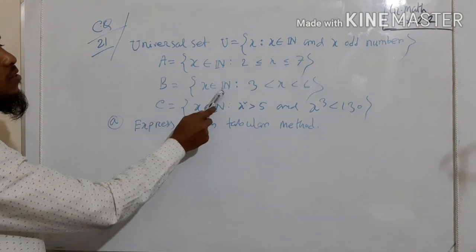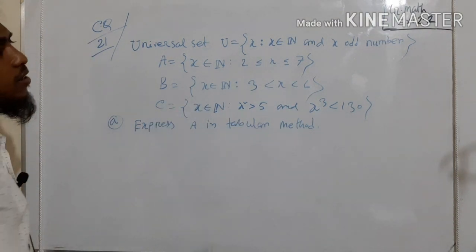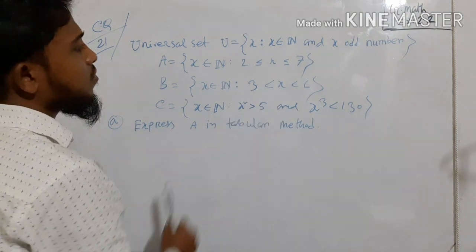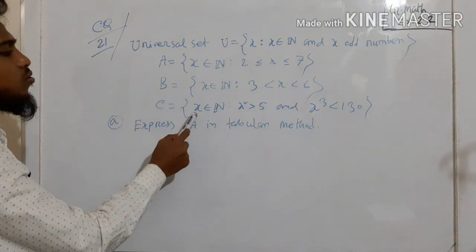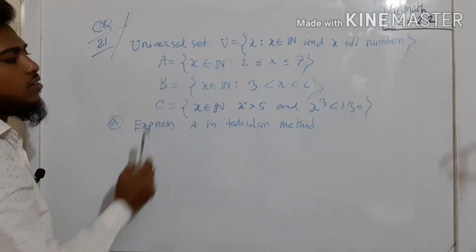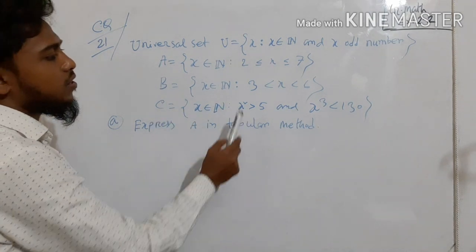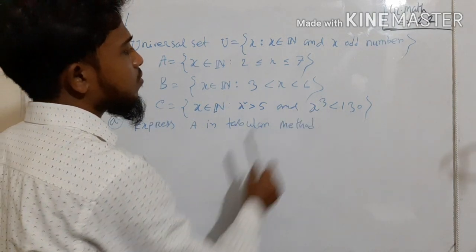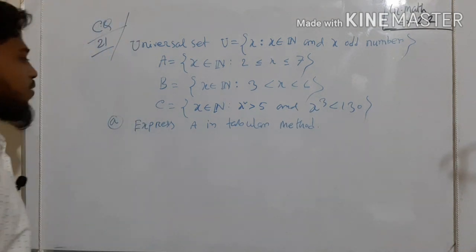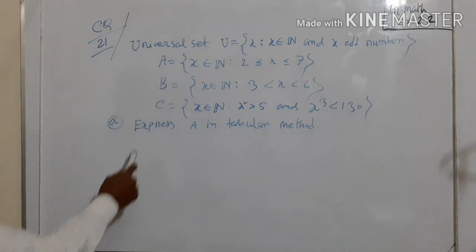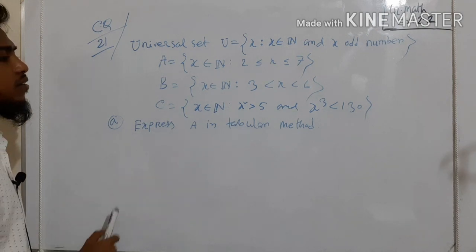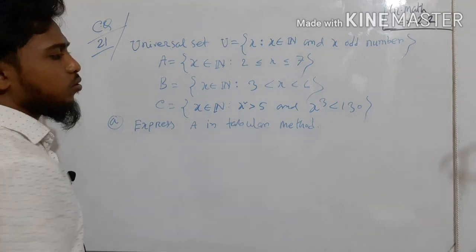B equal to {x in natural numbers such that 3 < x < 6}. C equal to {x in natural numbers such that x square is greater than 5 and x cube is less than 130}. Number 1, express set A in tabular method.